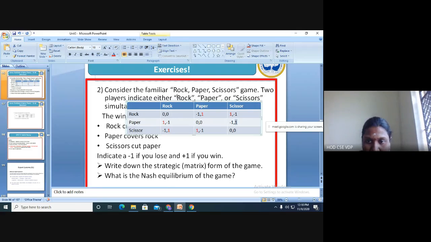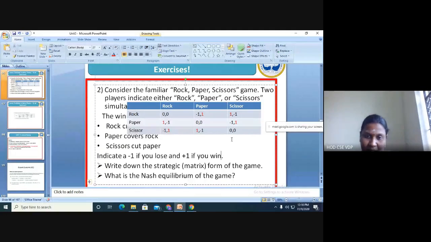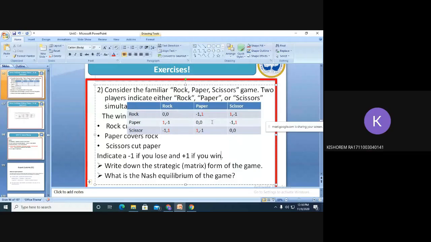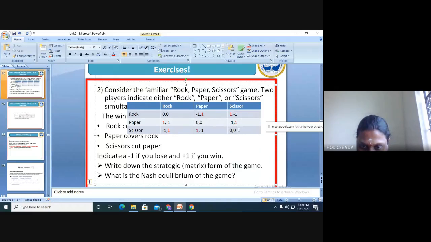So do you have a Nash equilibrium for this game? The answer is yes or no. I don't think so, right? Because nowhere do you have both marked, and we have not starred anything. Yes, ma'am. So you don't have any Nash equilibrium.